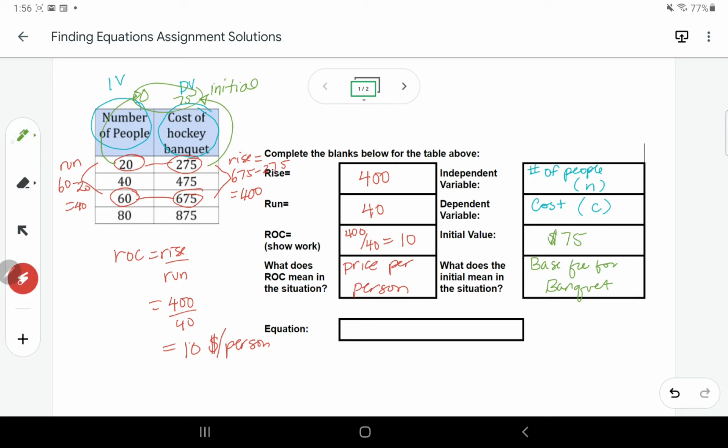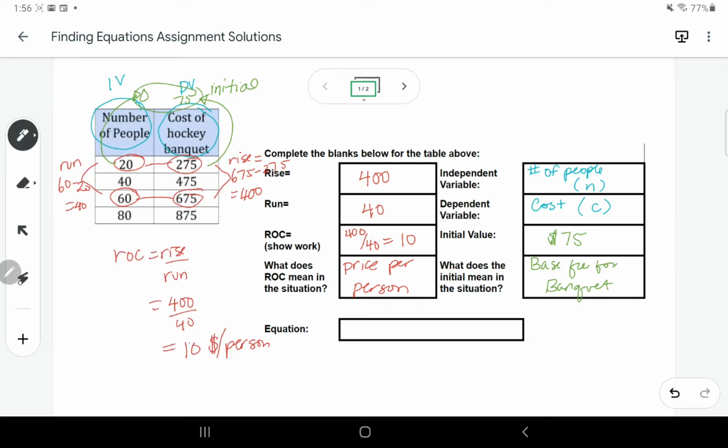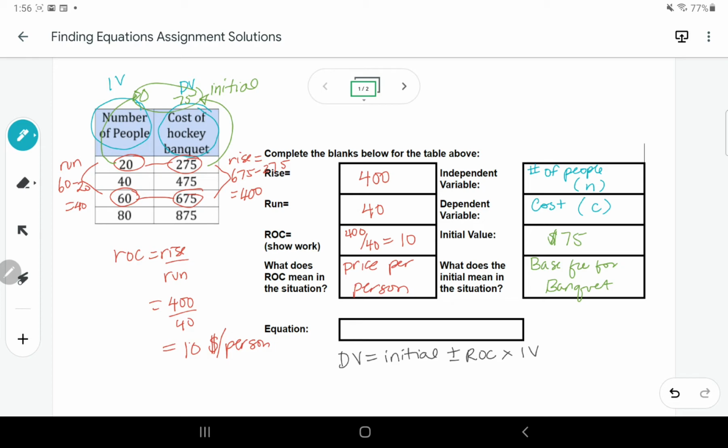Okay. So remember that your equation is always your dependent variable equals your initial plus or minus the rate of change times your independent variable. So now I'm going to use all of those pieces that I found. My dependent variable was cost equals the initial is 75.